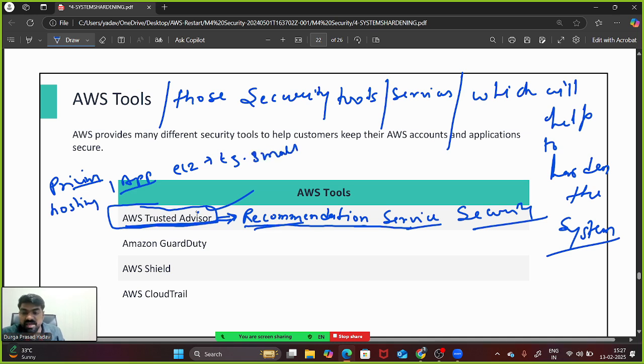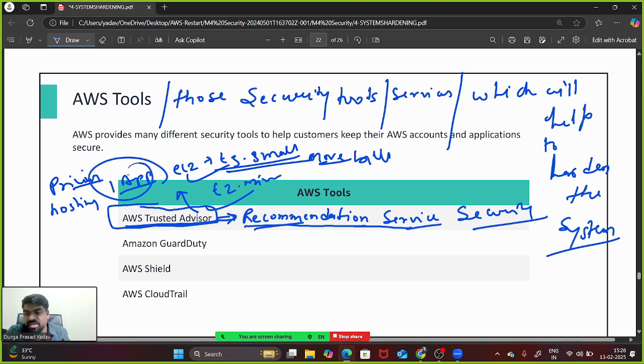Then Trusted Advisor will give you a recommendation not to use T3 small, because you are getting more bills, or the pricing of T3 small is more. Rather than this, you can go with T2 micro, because for one application, T2 micro is enough. That kind of recommendation I am talking about.